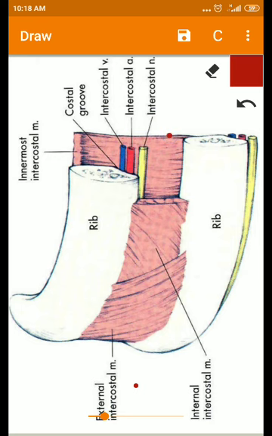These deeply placed muscles we can see in the next video. Okay, so this is about the external intercostal muscle and the internal intercostal muscles. Okay, thank you.